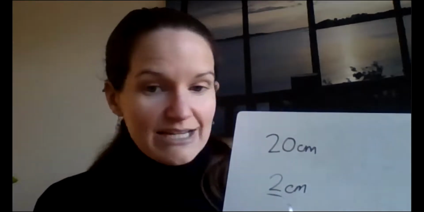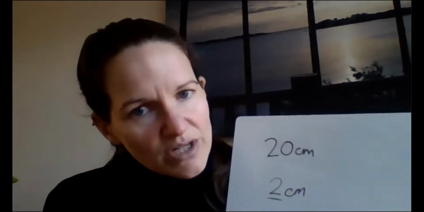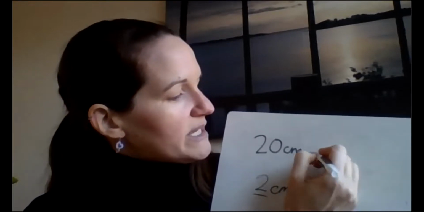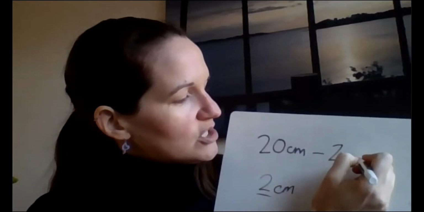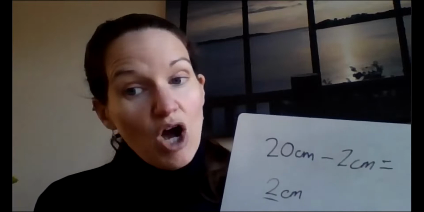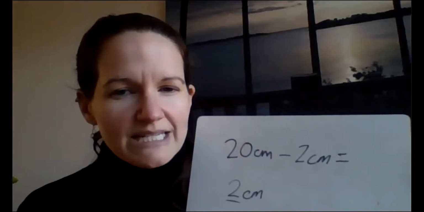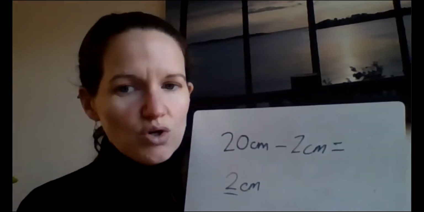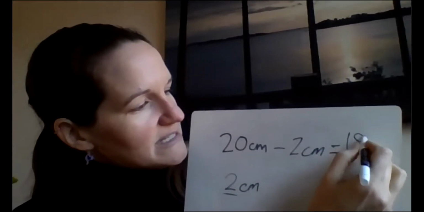We could either start at 2 and count on to 20, or we can take away the 2 centimeters because that's how much we already had. So what is 20 centimeters take away 2 centimeters? Well done, 18 centimeters. So our beanstalk has grown 18 centimeters.